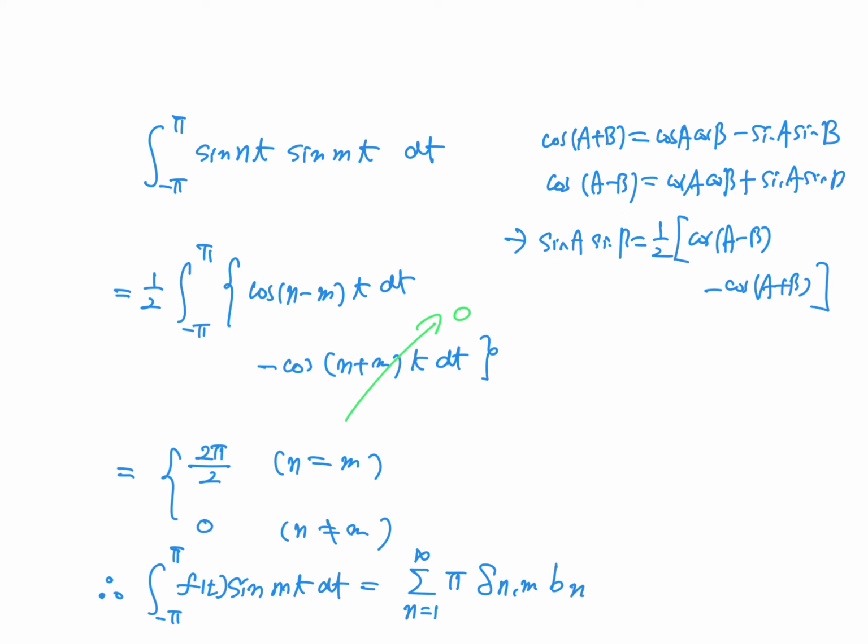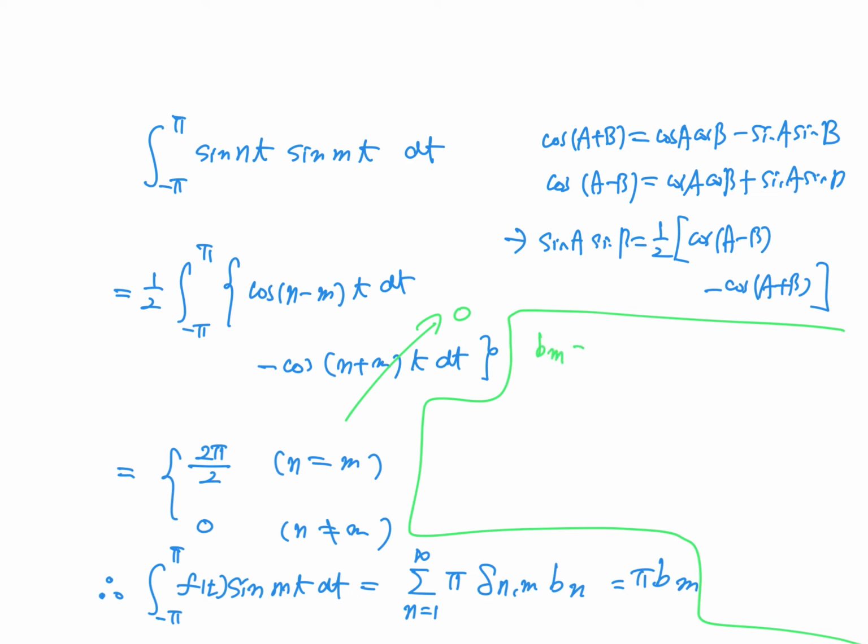So this is actually pi b_m, or b_m is 1 over pi integral of f(t) sine mt dt. So that's your homework.